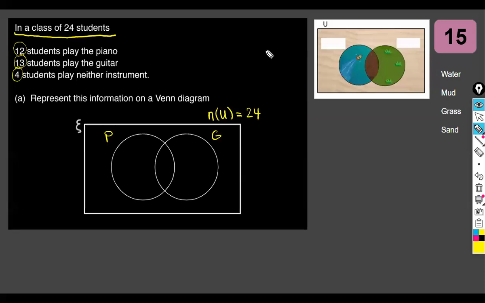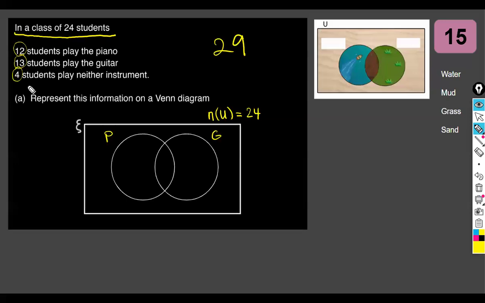The total amount of people is supposed to be 24. So if you add up all the information, you should at least get 24 or less, right? You're not supposed to get more. And you're getting 29. Add it up, make sure and see it. 12 plus 13 plus 4. Right, and you're getting 29 students. 12 plus 13 plus 4 is 29.